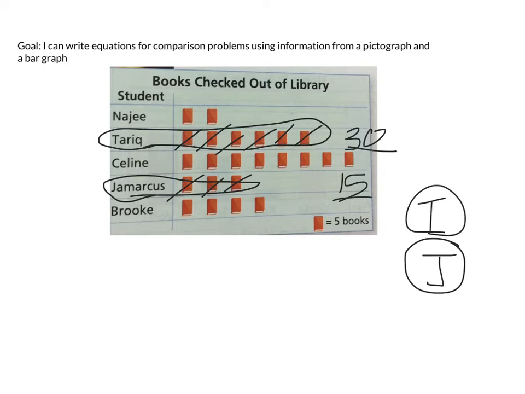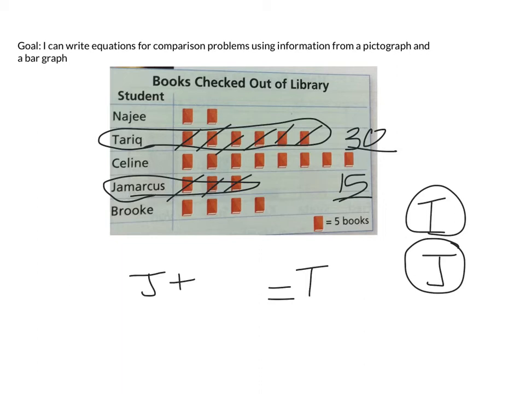So if we were to write an addition problem to show that, the total would be how many Tyreek checked out, the 30. We are trying to figure out how many more Tyreek checked out than Jamarcus.